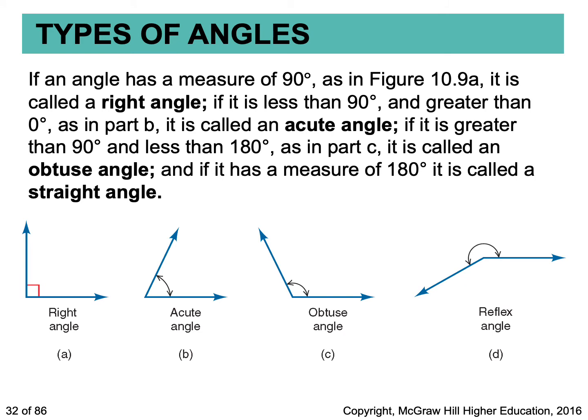A right angle has a box in the vertex to indicate that it's 90 degrees. An acute angle is between 0 and 90 degrees. An obtuse angle is between 90 and 180 degrees. And a reflex angle is more than 180 degrees.